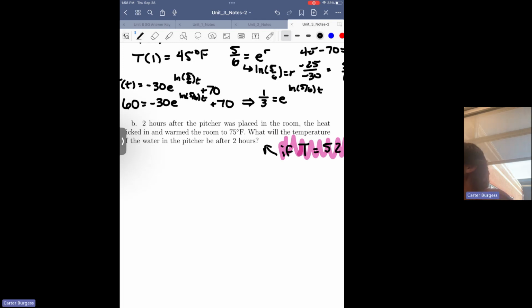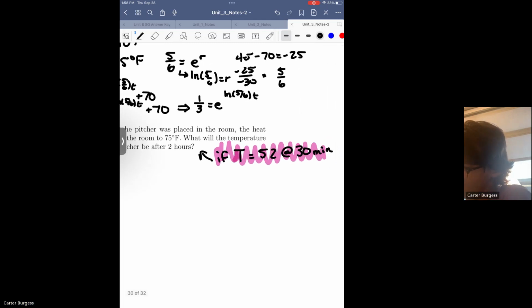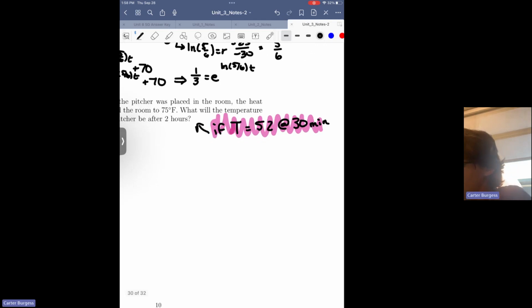To be as precise as possible, to make sure you're not rounding prematurely, I would write this as ln of 5/6, personally. All right. And then what do I do here? How do I access the exponent? How do I solve for t?